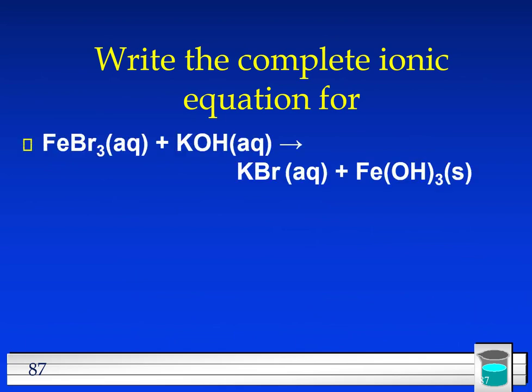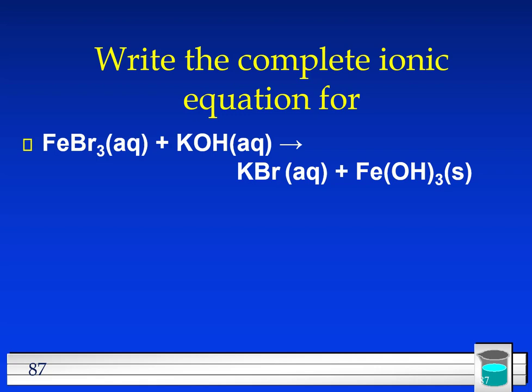Okay. So this is the one we saw yesterday, FeBr3, or not yesterday, the day before, the stuff that made the Fe(OH)3. So let's take this double replacement reaction and turn it into a net ionic, or complete ionic equation. So, in my solution, is there really any FeBr3?